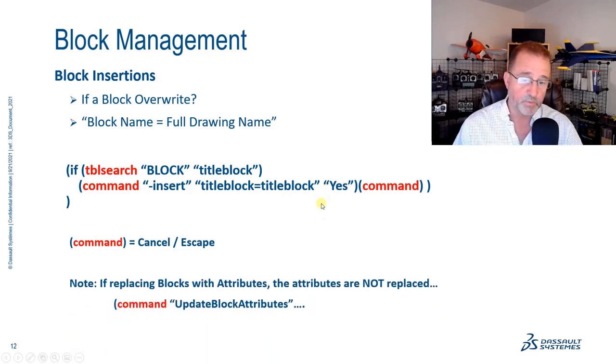Now, something to keep in mind, if you do this sequence of events to overwrite or update blocks within a drawing, it will update the blocks, but it will not update the attributes. So there's a command called update block attributes within DraftSight that can be used to synchronize or update attributes that are in blocks.